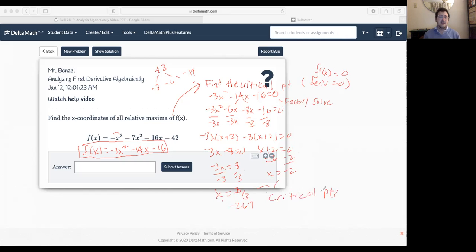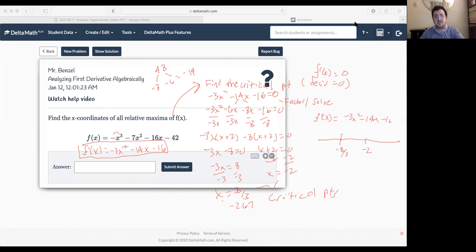Next, I'm going to make a sign chart. So I'm going to use my first derivative equation, which is negative 3x squared minus 14x minus 16. And I'm going to put the negative 8/3 on the number line and negative 2 on the number line.